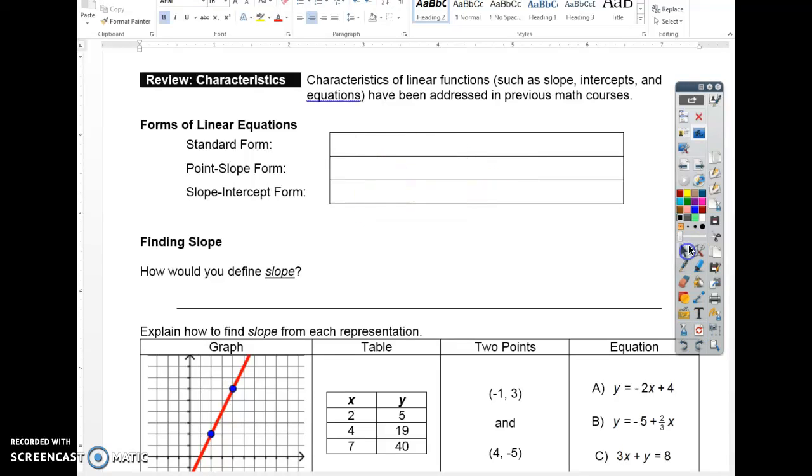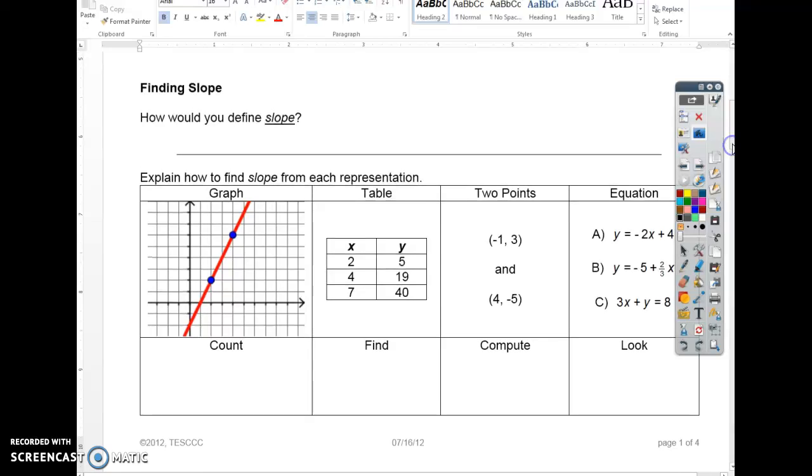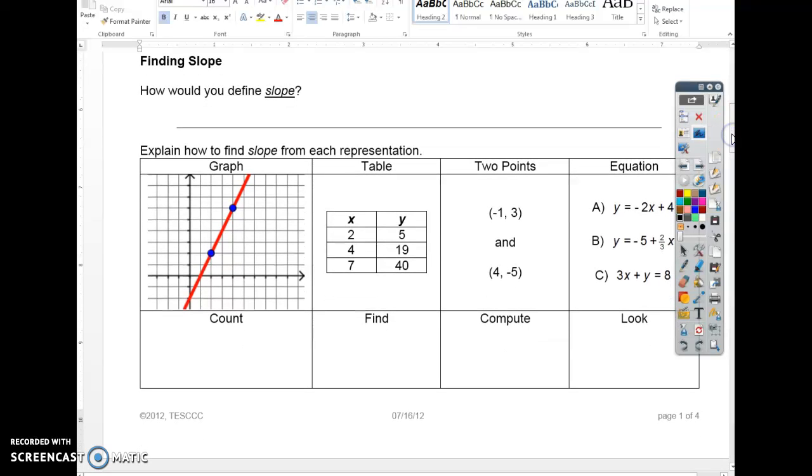Another cool characteristic that linear functions have are the slopes. The slope of the linear function. And how would you define a slope? A slope is how the line rises or falls. Okay?